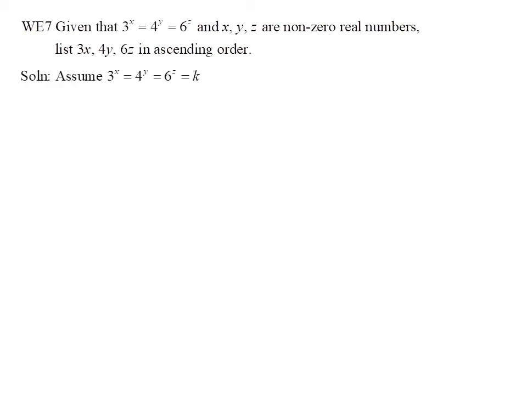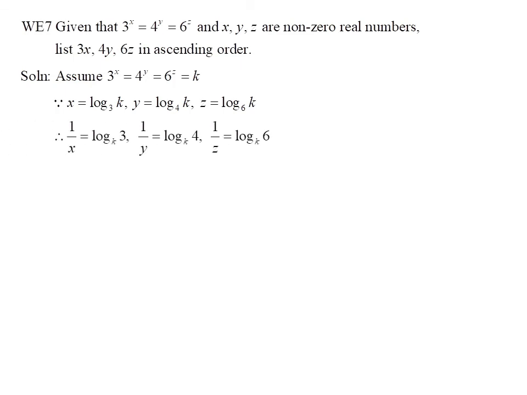First, we assume 3 to the x equals 4 to the y equals 6 to the z equals a constant k. After transforming to their logarithmic form, we have x equals logarithm base 3 of k, y equals logarithm base 4 of k, z equals logarithm base 6 of k.